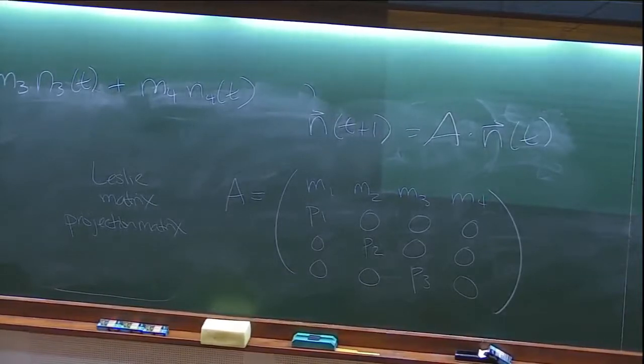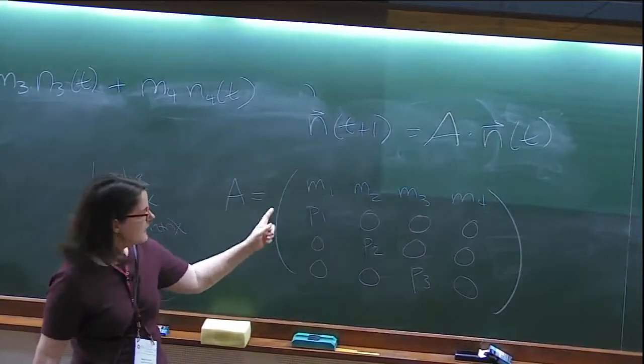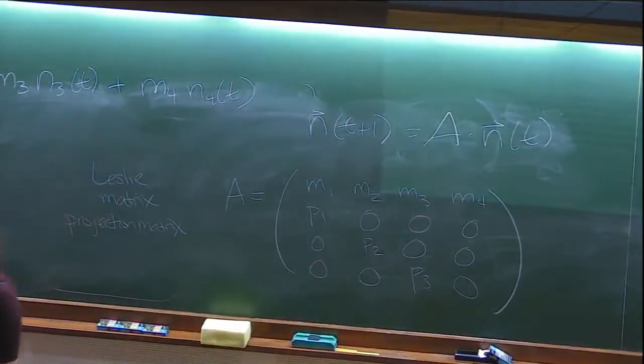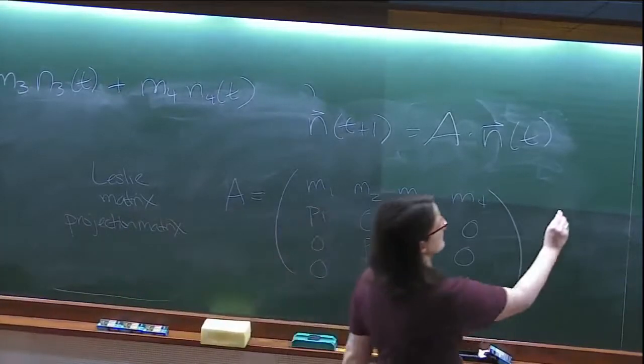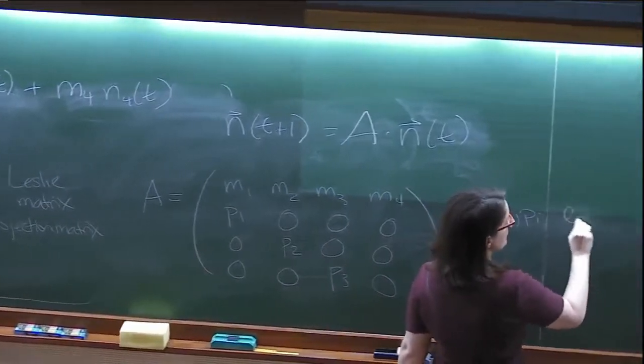That's nice. And Leslie matrices only have 2 kinds of non-zero entries. The fecundities that are always in the top, and sometimes this is 0, and then these survivor probabilities that are in the subdiagonal. The M's and the P's are sometimes called life history parameters.